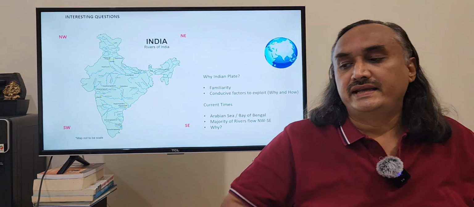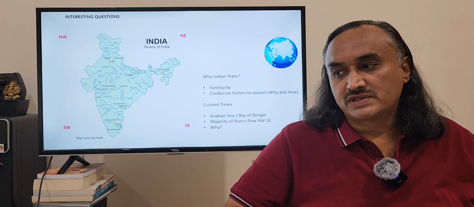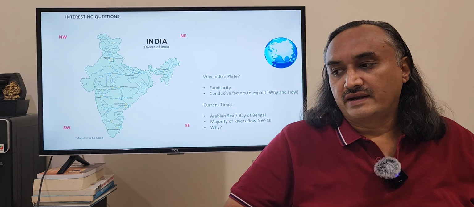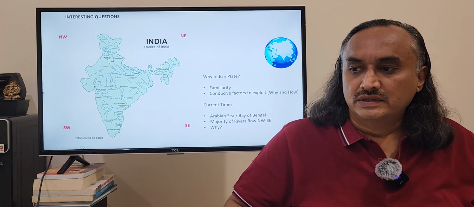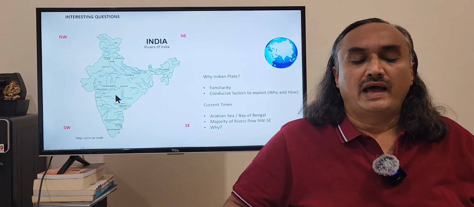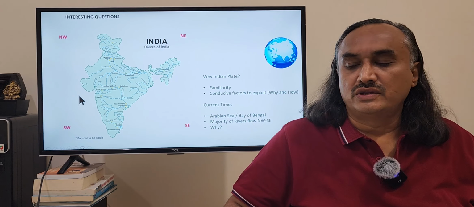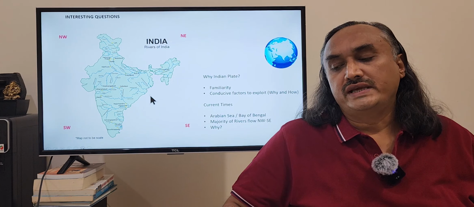So let us study the landmass of India, and this is what the river flow system looks like. And this is how it is in current times. As you can see, all of the rivers of India have two options to drain into. One is the Arabian Sea on the west coast, and another is the Bay of Bengal on the east coast.